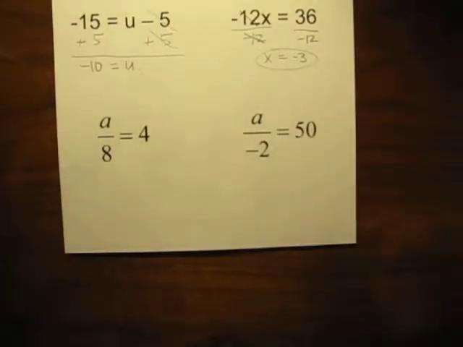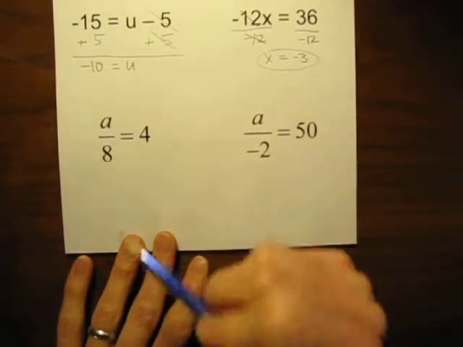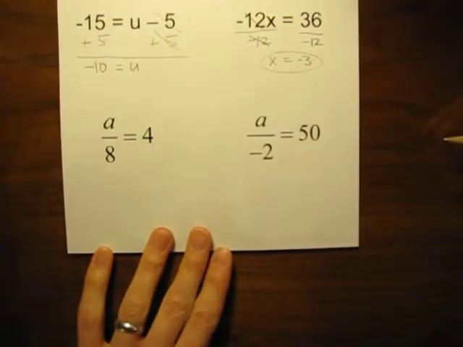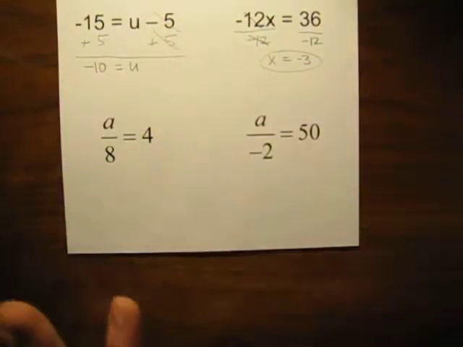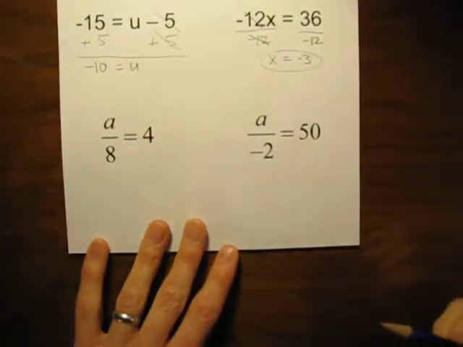And the last one, what if there's some division in our problem here? This is again something that students often get confused on, but if you have a problem like this, a divided by 8 equals 4, the thought process is the same. We want to get a by itself. We need to get rid of anything that goes along with a. In this case, we need to get rid of divided by 8.